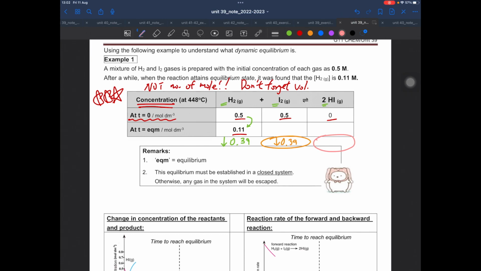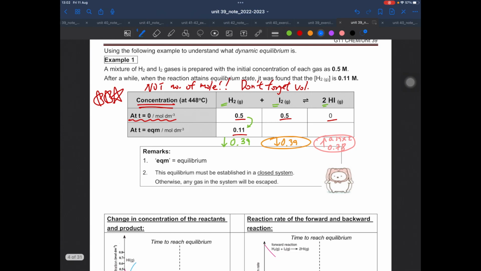Increase or decrease? Yes, it increases. But what is the amount of increase? Don't forget the mole ratio: it's double what H2 or I2 decrease. That is 0.39 times 2, which is 0.78. Congratulations, you have finished your job. So finally, this one is 0.11 and this one is 0.78. Not so difficult, right?